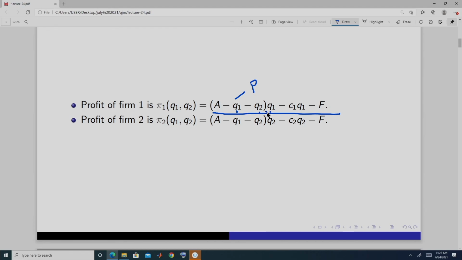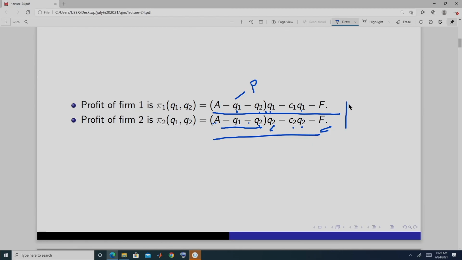So, this is the total revenue minus total cost of firm 1. So, this is the profit. And here again this is A minus Q1 minus Q2, so this is the price, into Q2. This is the total revenue for firm 2, and C2 into Q2 is the total variable cost, minus F2, that is the fixed cost. So, this is the profit function of firm 2.